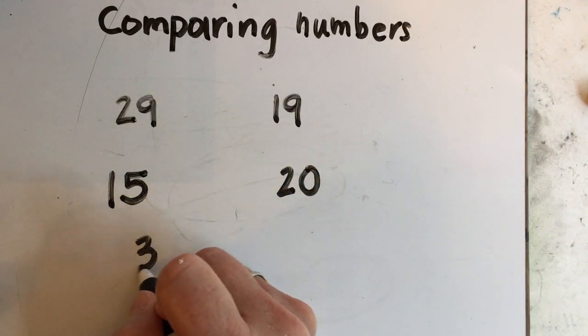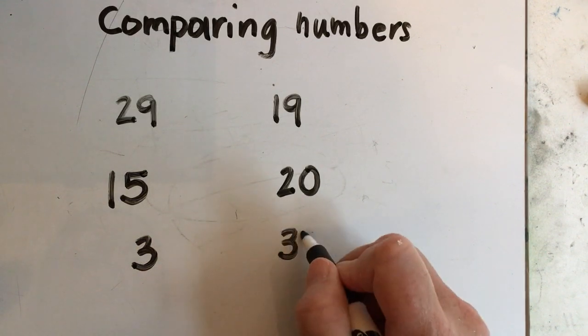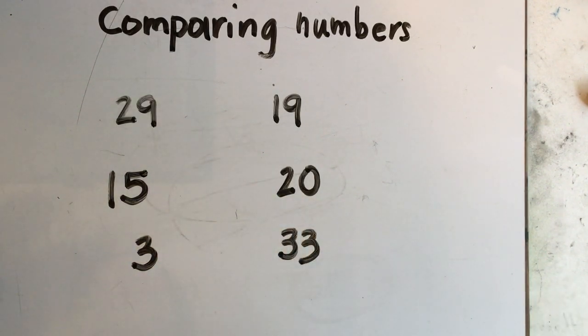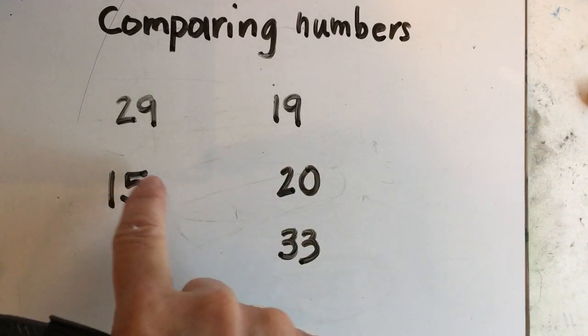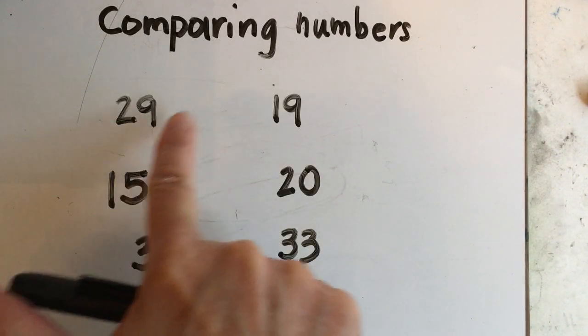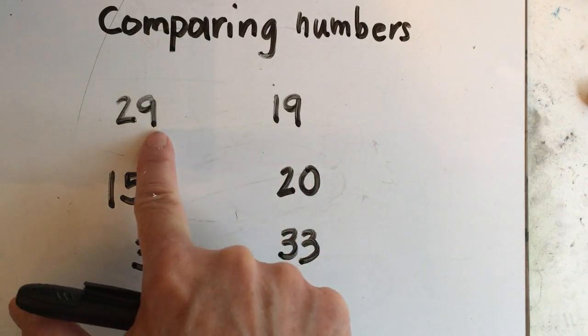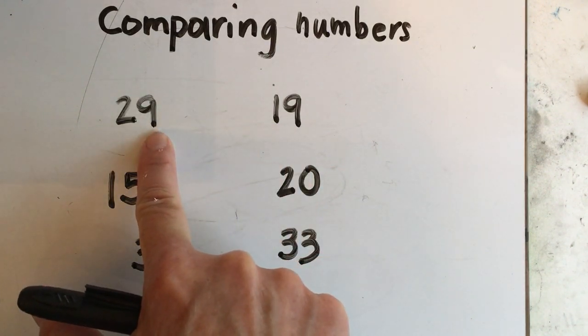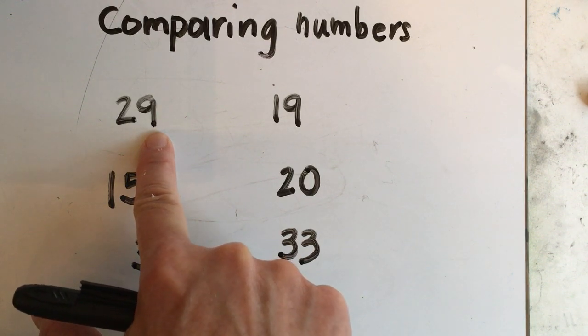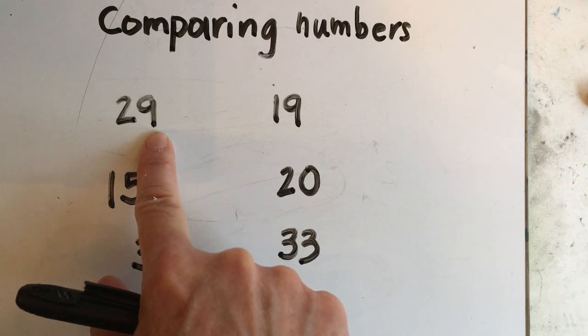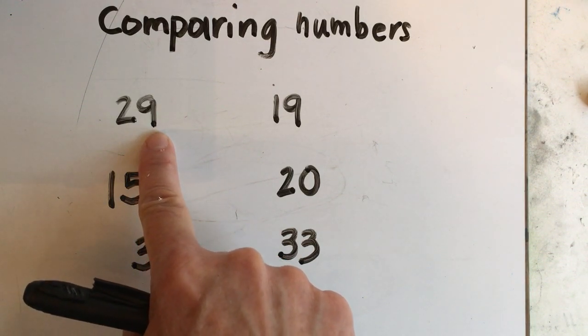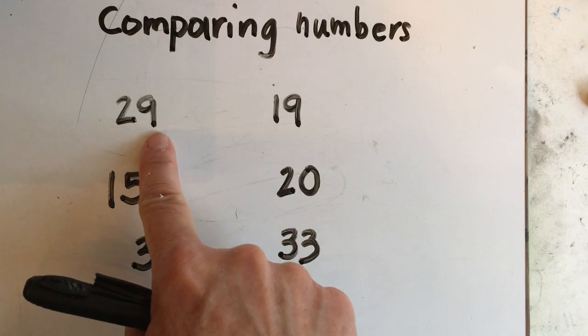Okay, let's go through and I want you to tell me what I should write in there, okay? 29, 19. What should I write? 29 is greater than. Good. And which way does it go? Show me with your fingers. Where should the open side be?